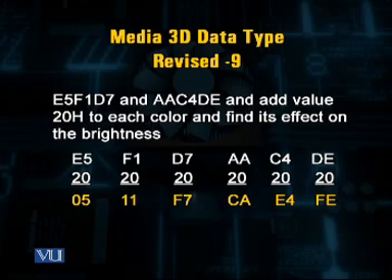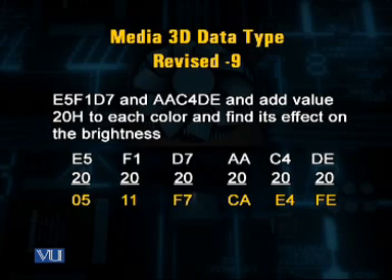Here you can note that the pixel E5, F1, D7 loses its brightness because when we add these colors, it results in a value which is very, very small as compared to the original value. The original value was E5, F1, D7, whereas the resulting value is 05, 11, F7.